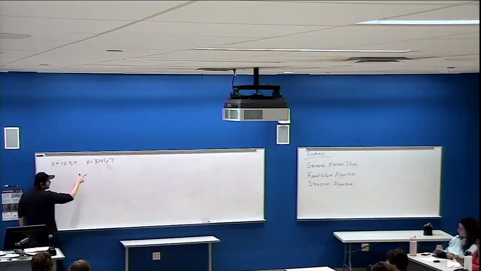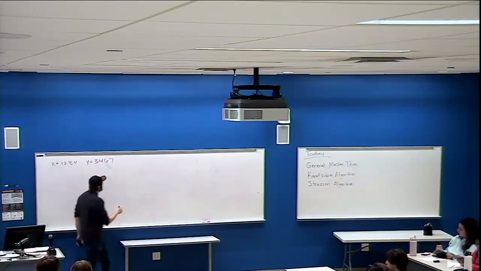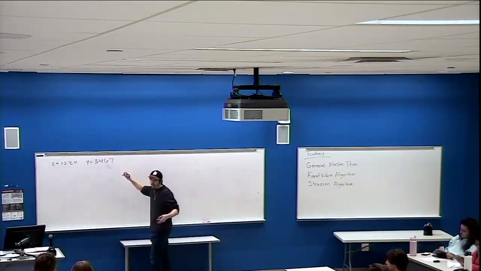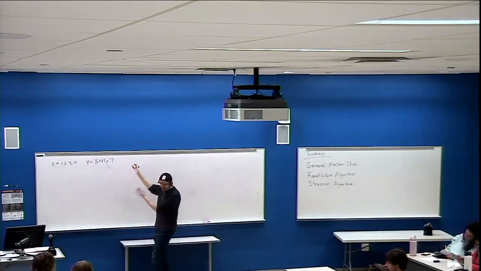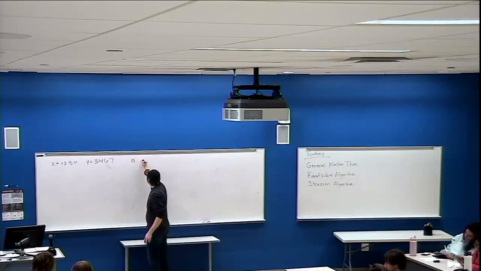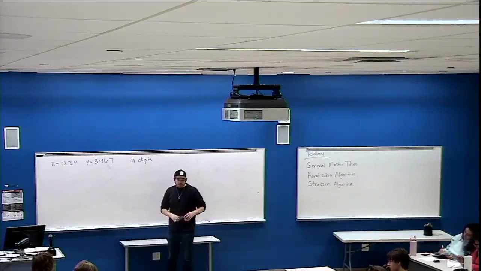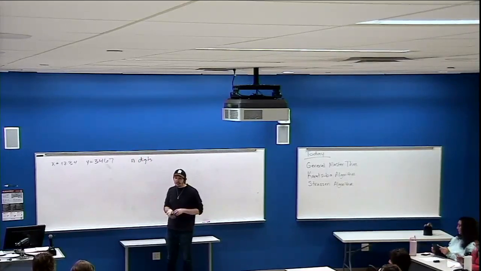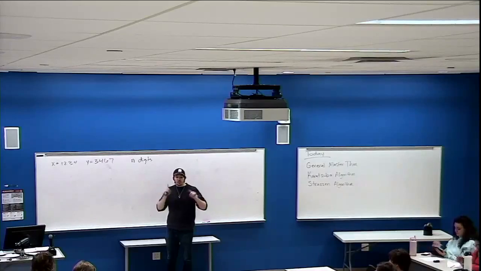So we'll say that both of these have n digits, or n bits. We can work in any base system we want, by the way, but we'll say n digits. And question for you all, if I want to multiply these together, how much time does that take? How many individual integer multiplications do I need to do?